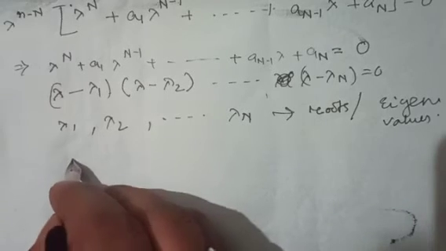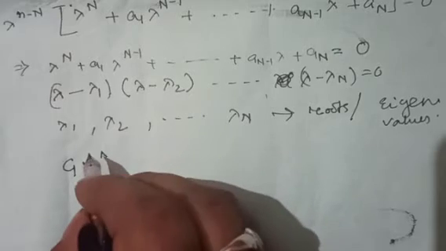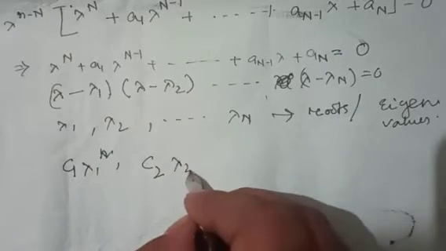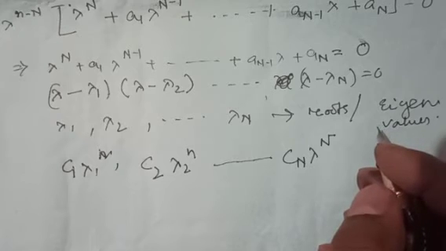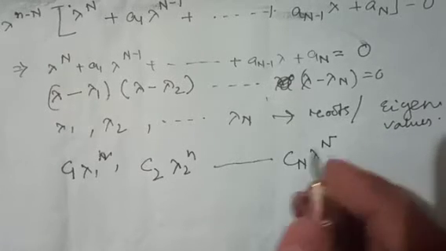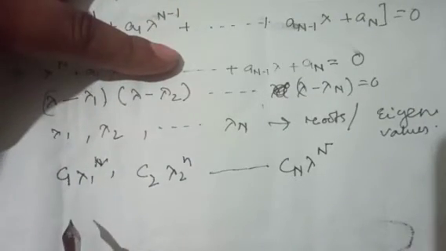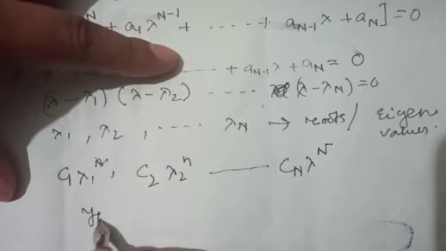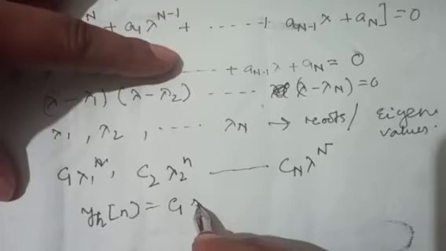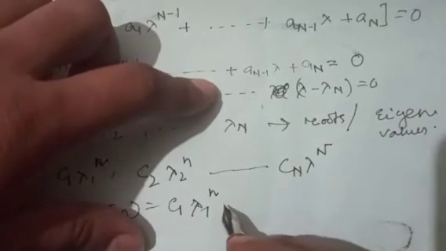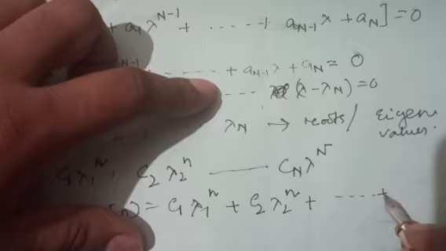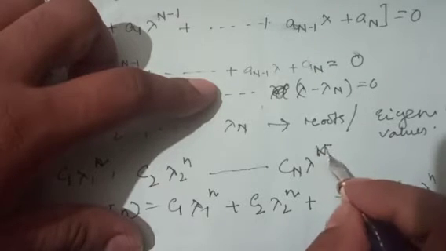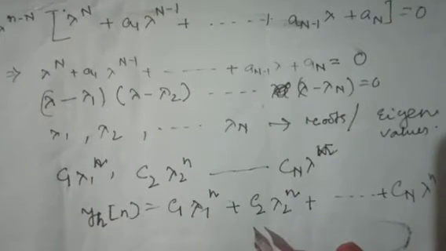The solutions will be C1 lambda 1 to the power n, C2 lambda 2 to the power n, and so forth, Cn lambda n to the power n. The homogeneous solution in general will be C1 lambda 1 to the power n plus C2 lambda 2 to the power n, and so forth, plus Cn lambda n to the power n, where small n is the index, and C1, C2, up to Cn are some arbitrary constants.